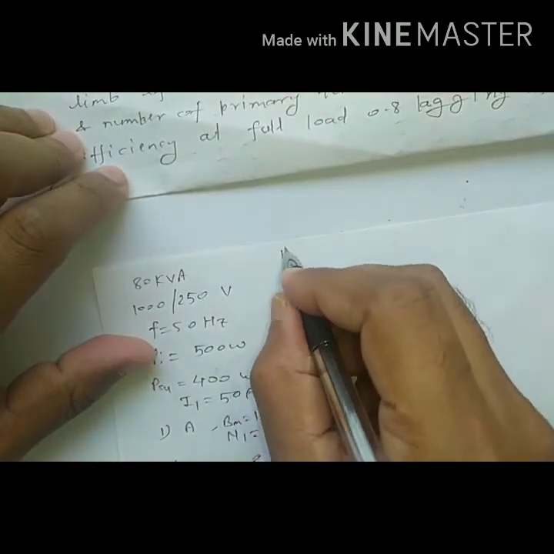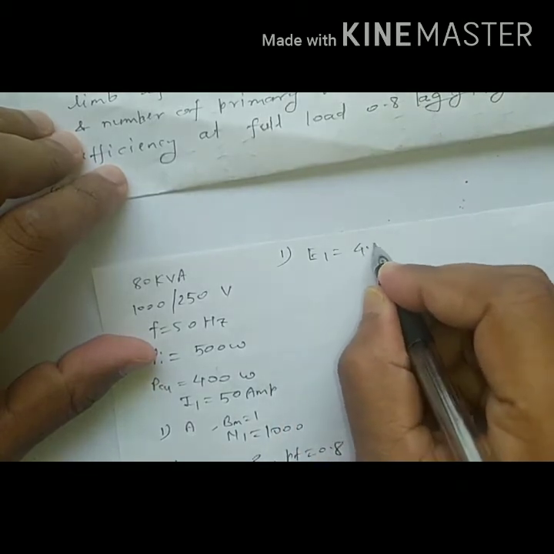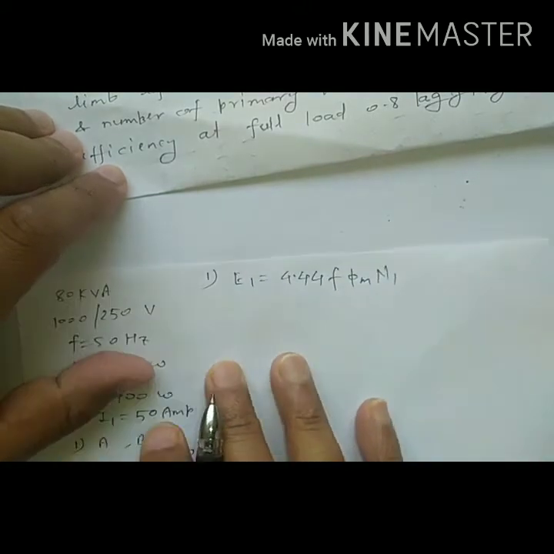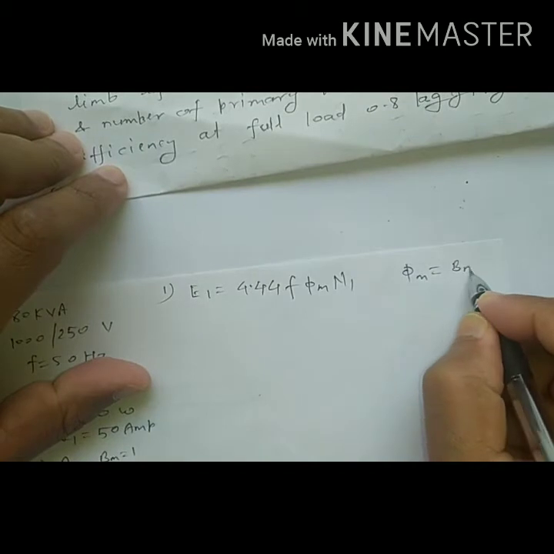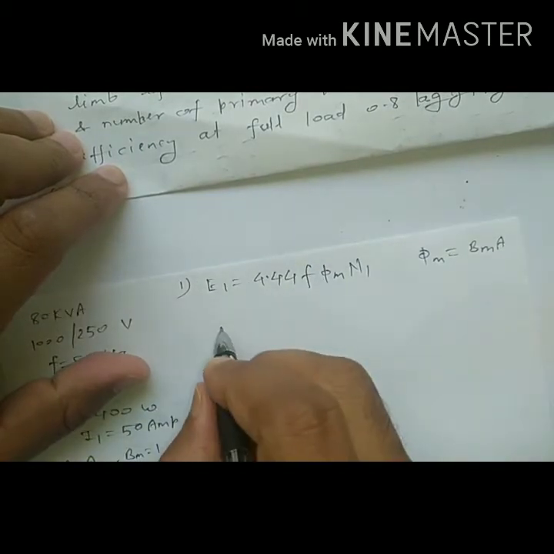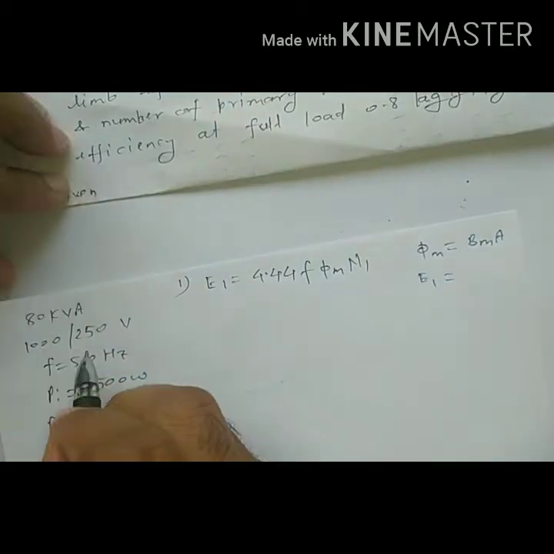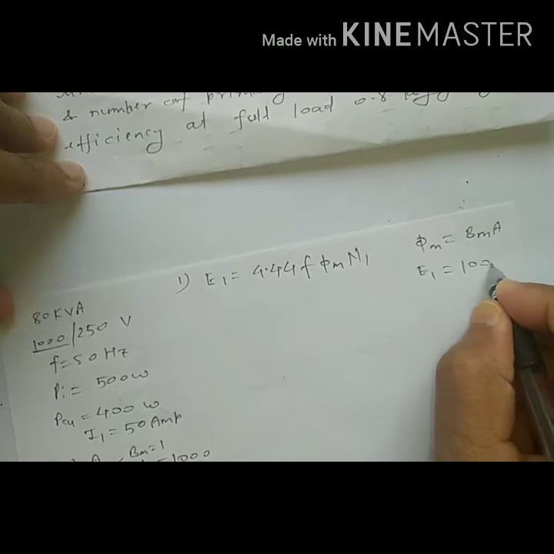So first we know EMF equation E1 equal to 4.44 F phi m N1, but phi m can also be written as Bm into A. E1 is given, it is 1000.